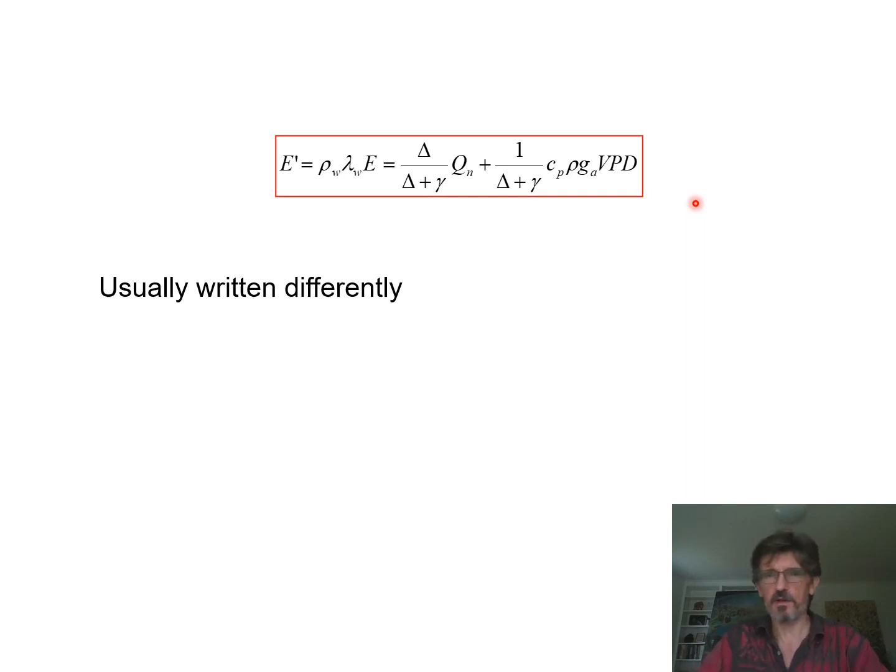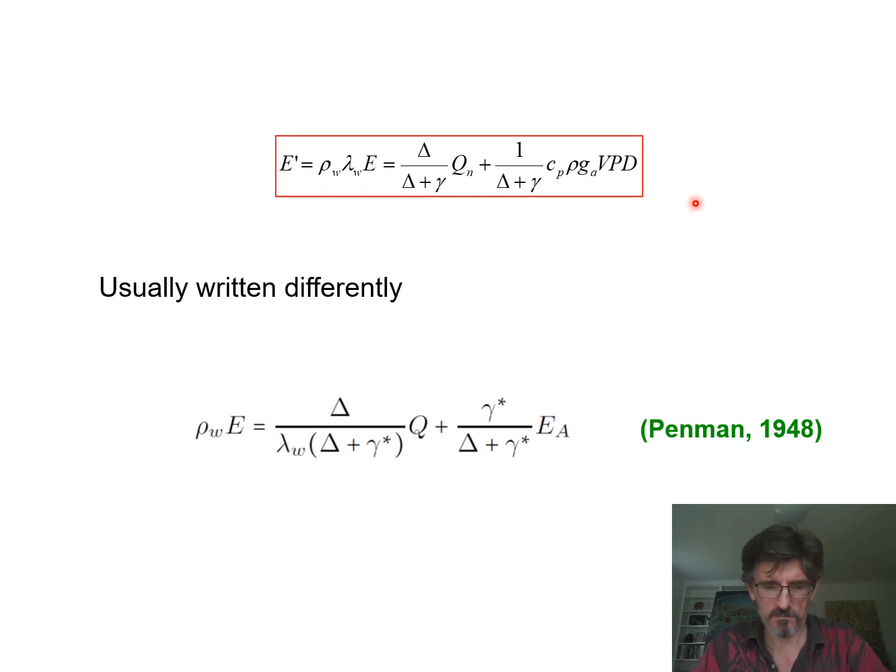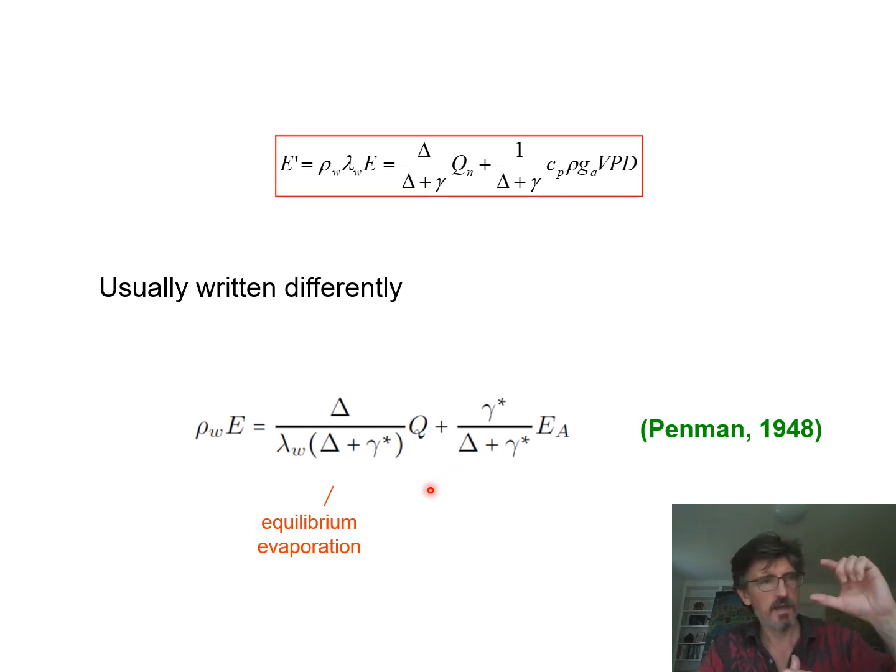It's usually written slightly in a different way so that one can give names to the different components. That was done by Penman in 1948, where we have the first term that is called equilibrium evaporation. This is the evaporation that you would have if the VPD were zero. That's the only contribution that you would have if the atmosphere was saturated, but there was a difference in temperature.